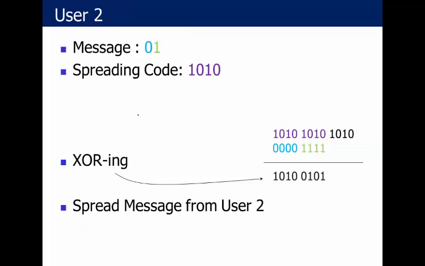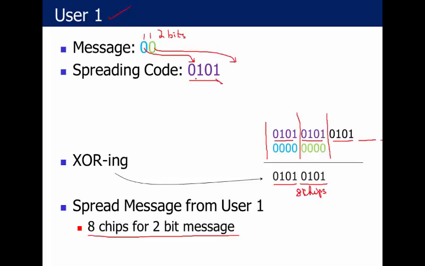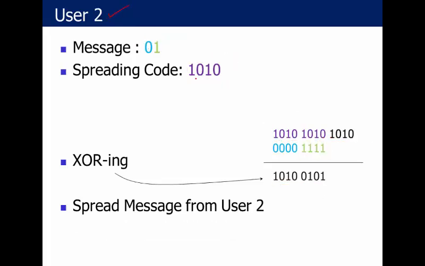So there is another user. The spreading code is 1010. Previously 0101. It doesn't matter, 1010 is what the code is. So we have 1010 and 1010 and 1010 and 1010.